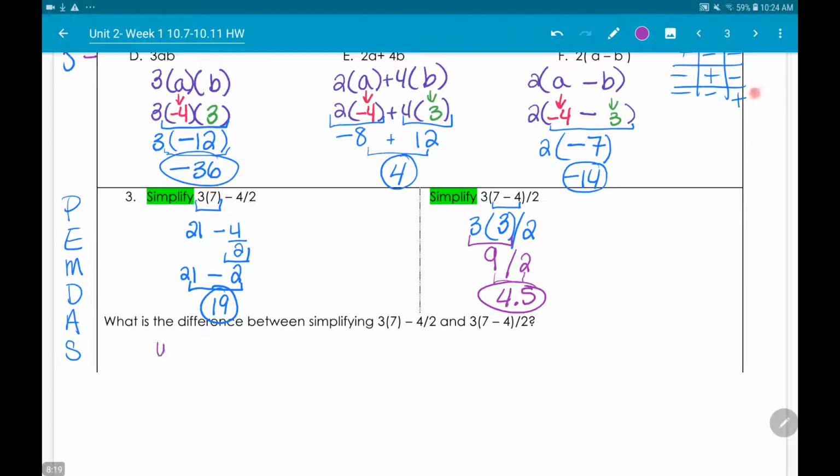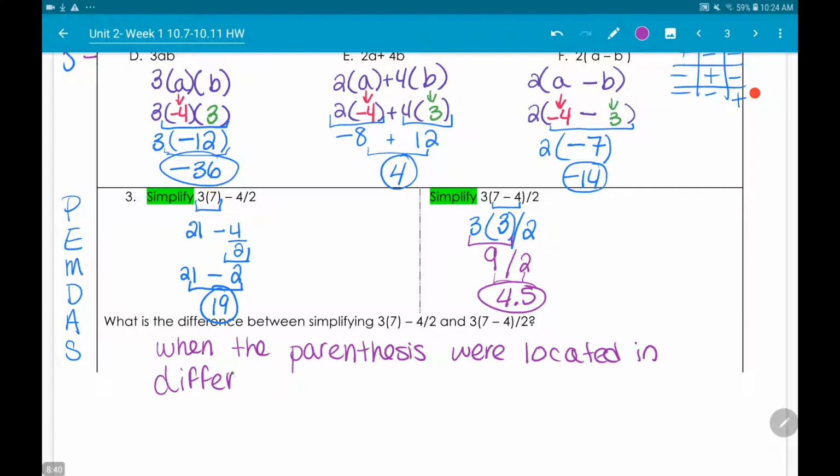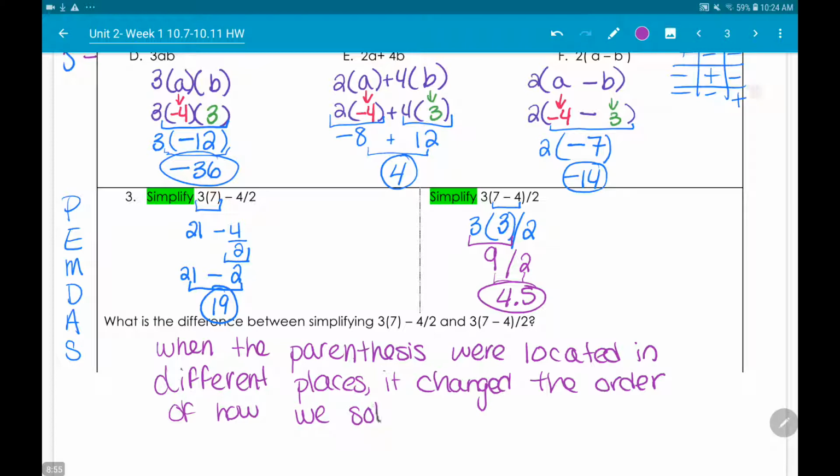So when the parentheses were located in different places, it changed the order of how we solved.